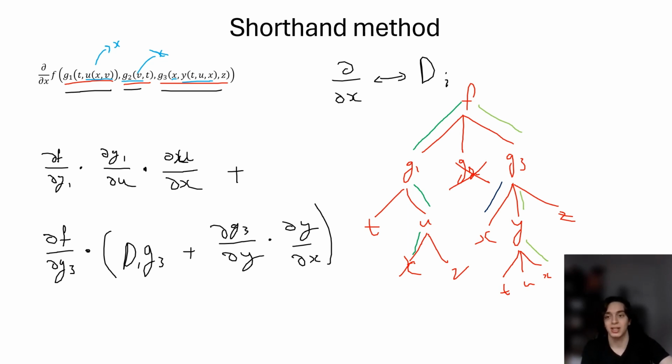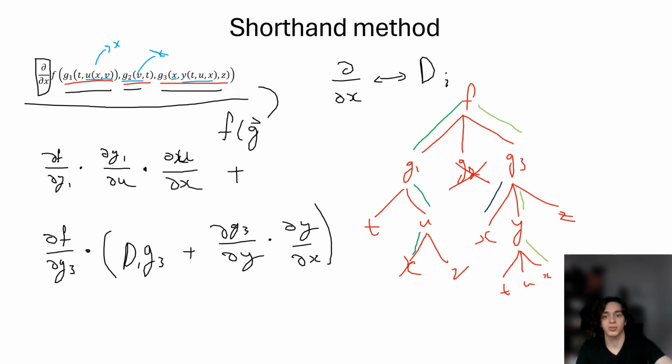Because, strictly speaking, this partial with respect to X doesn't really make sense if you consider F as a function of these three functions, as a function that takes in these three functions as input. And these functions take in different inputs. There is no clean F composed with some vector, unless you somehow extend the definition of this function up here, the one that we're considering, so that we can transform it into this much neater form.